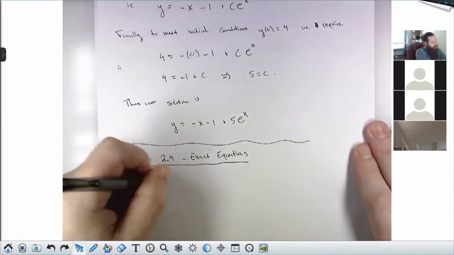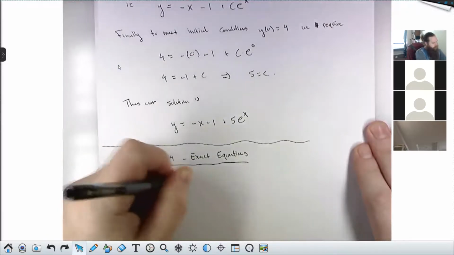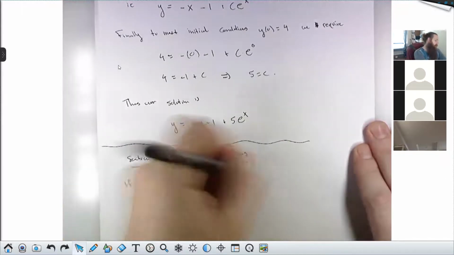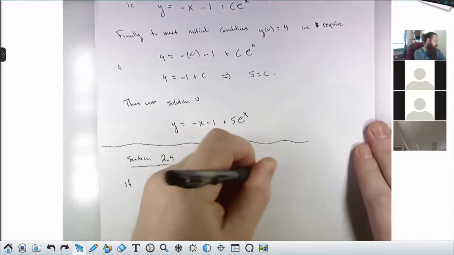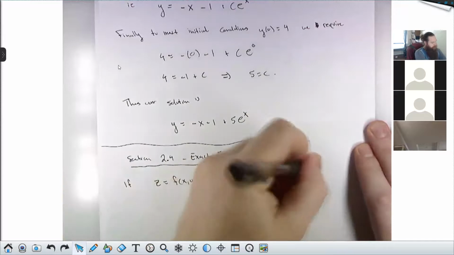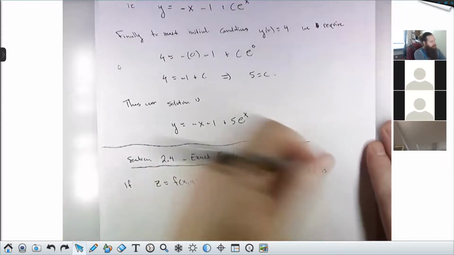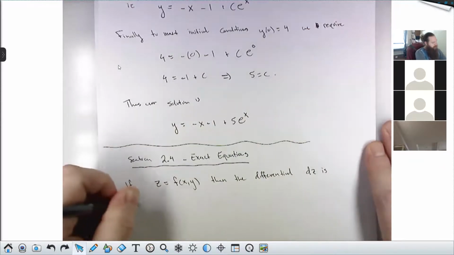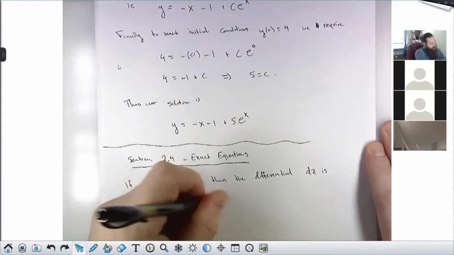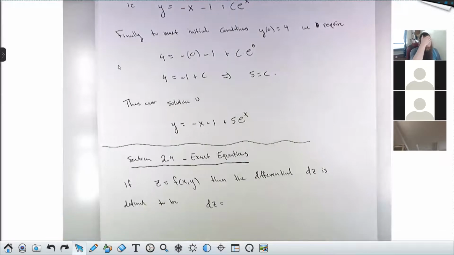If z is a function of x and y, then the differential dz is defined to be dz equals, I really like the subscript notation here, but your book doesn't use it, so I won't use it.